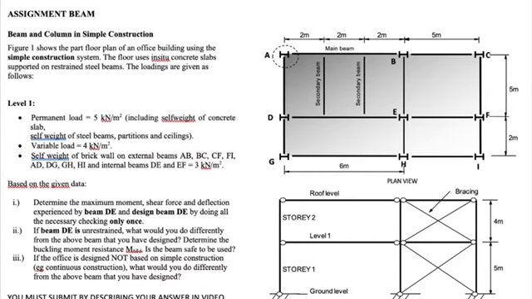Okay, lastly, if the office is designed not based on simple construction, for example continuous construction, what would you do differently from the above beam that you have designed? So basically, like I said, I will not change the beam design that I've checked just before this, because in continuous construction, we must put the beam continuously, so we don't use bracing, and then the work will be done faster.